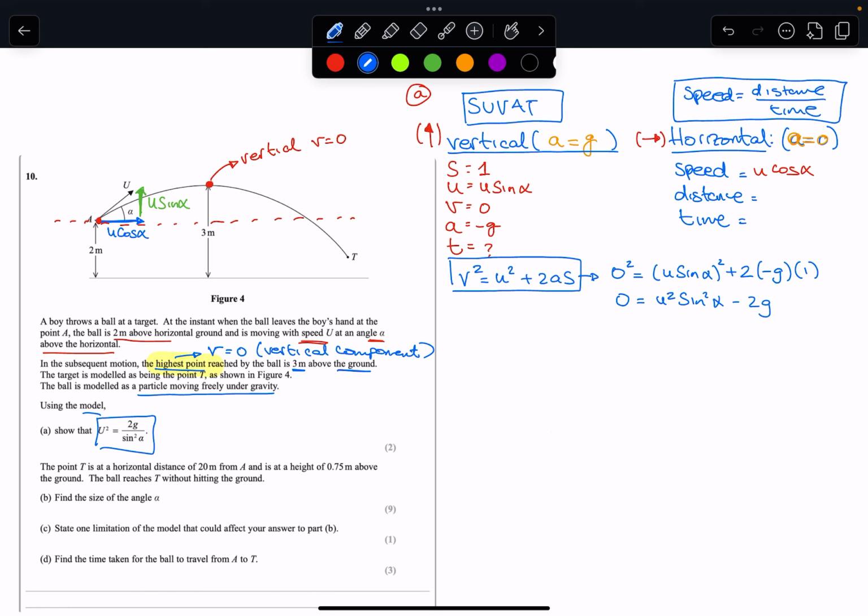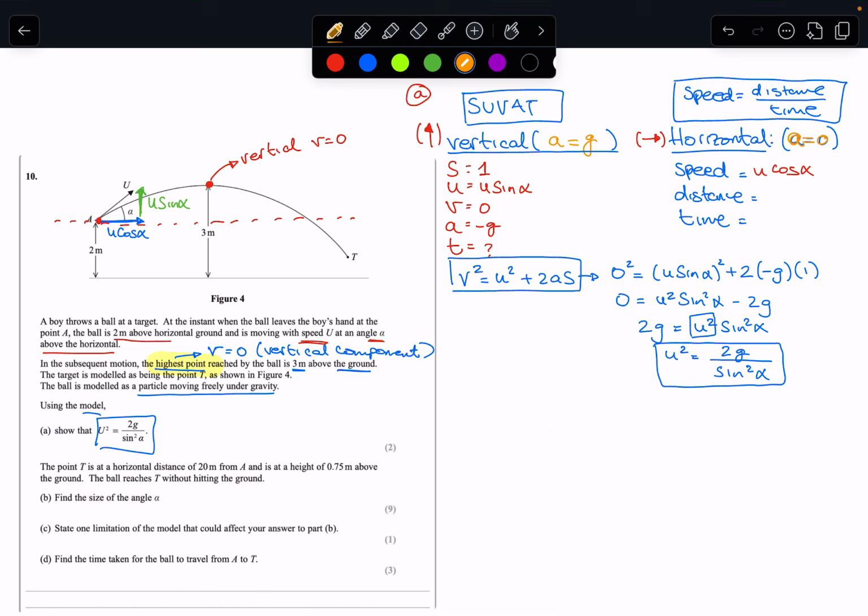If you take the minus 2g to the other side, that becomes 2g is equal to u squared sine squared alpha. If I make the u squared the subject as they want me to do, my u squared simply becomes 2g divided by sine squared alpha. And that is part A complete. I've shown that, and I've got the 2 marks for part A.